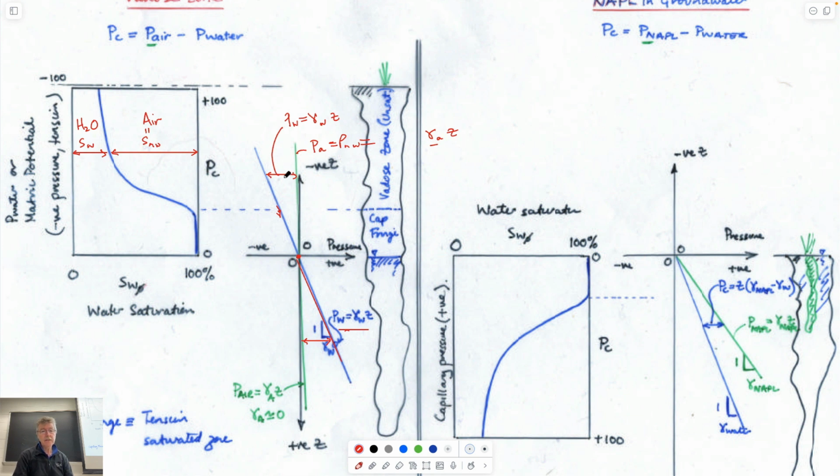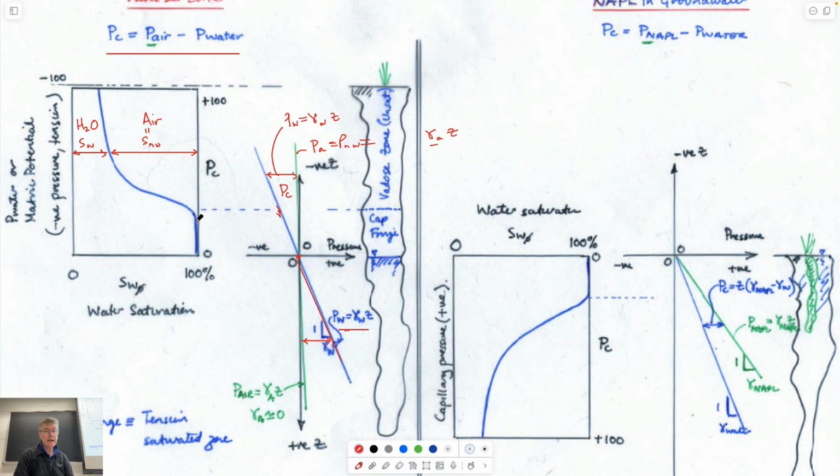So this magnitude here, the difference between the green curve and the blue curve, is by definition the capillary pressure. Right? This here. And it's this capillary pressure which is increasing as we go up. The non-wetting is subtracted from it.